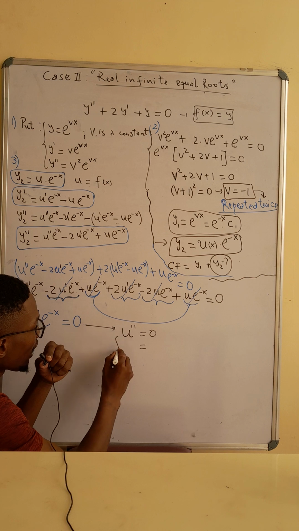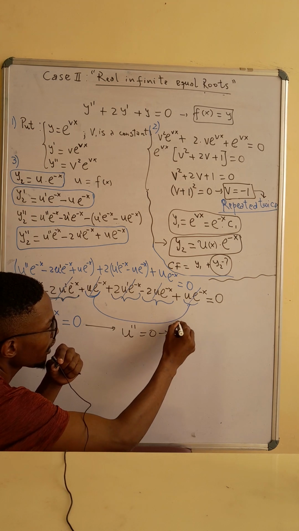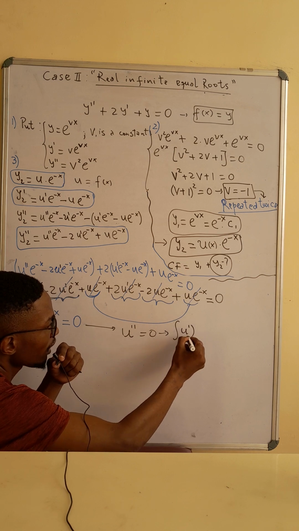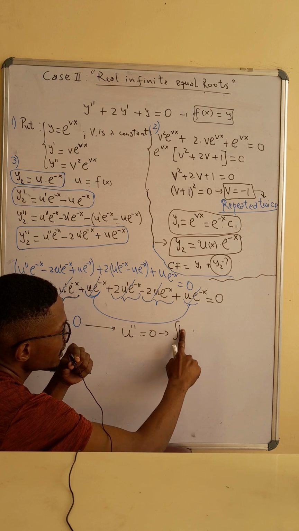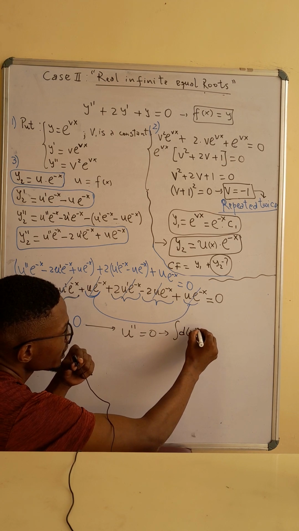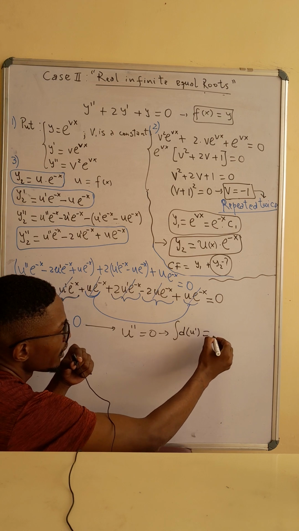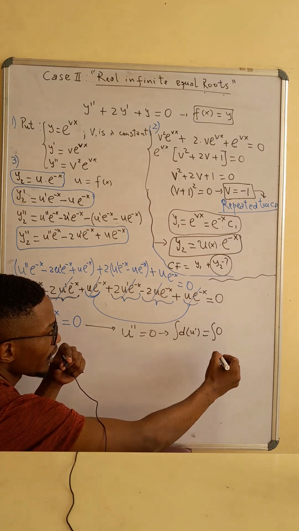So then, if I want to find u, I have to apply integration. First, find the first integration. It is the same as writing d of u dash equal to 0.